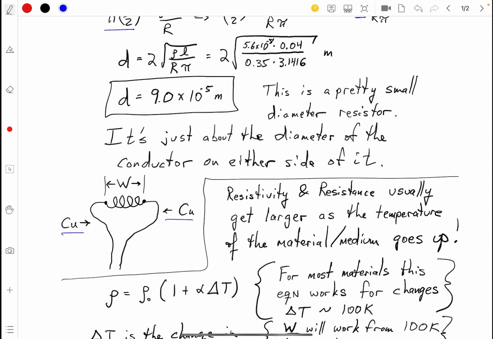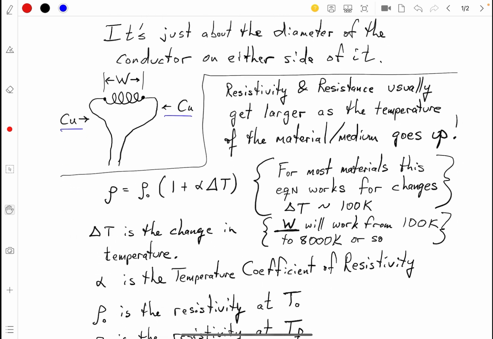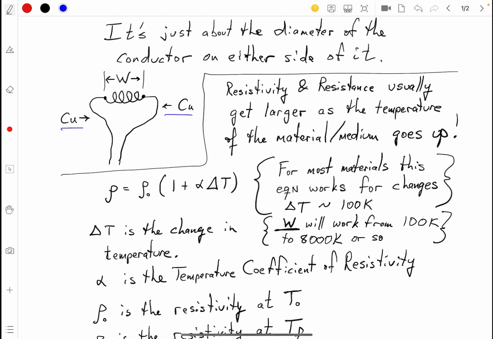All right. So it turns out that resistance and resistivity get larger as the temperature goes up. Okay?